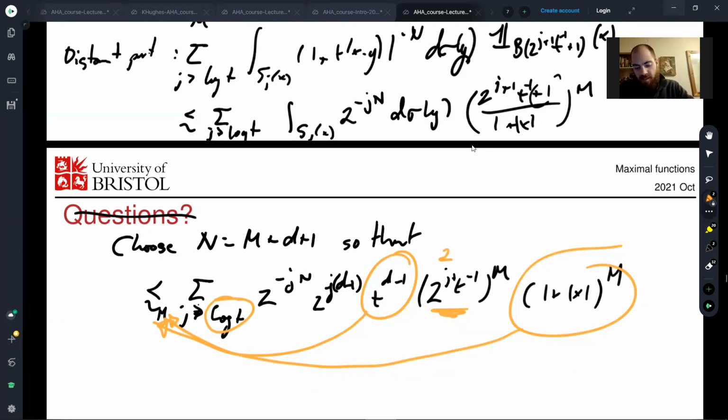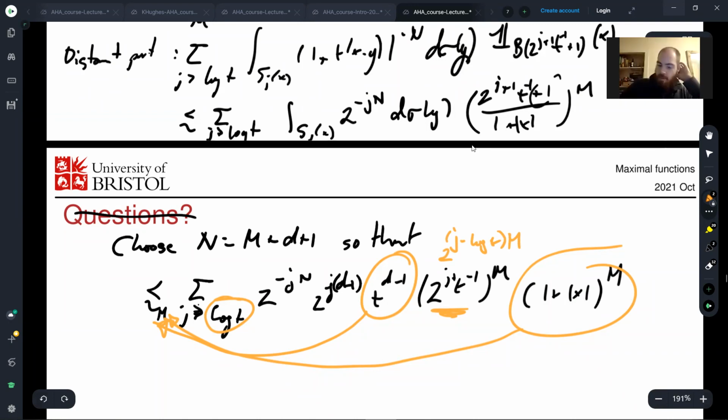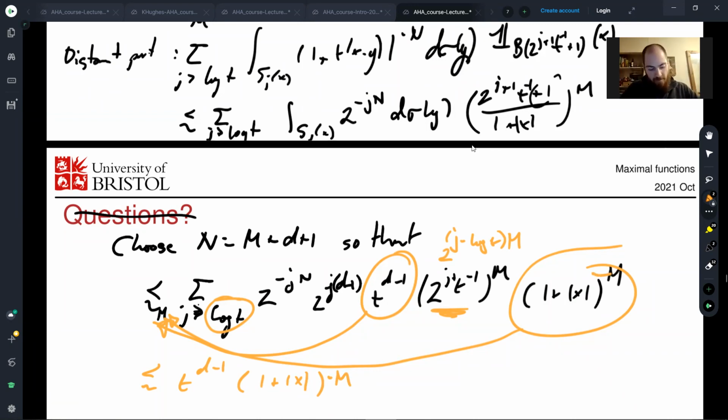I guess I should just say it's 2 to the (j minus log of t) times m. I'm doing all the ones bigger than log of t. So this thing is in fact summable, and you get that this is at most t to the d minus 1 times (1 plus |x|) to the minus m. Oh, sorry, that's a minus sign right there, which is the bound I wanted. And that depends very much on m, the dimension, and the n that I chose to offset the m.